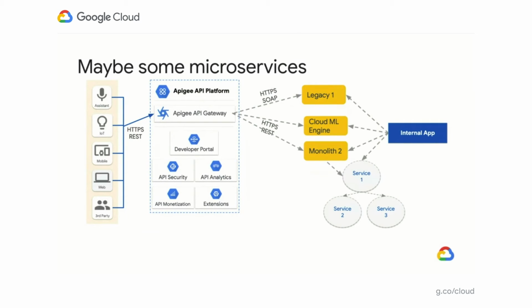Now, let us go through this journey of breaking down a monolith into microservices. Let's take monolith 2 and break it down into smaller services. At the same time, you're updating the internal app to consume your microservices as well as the monolith. And you're updating your gateway to also use the new microservices.